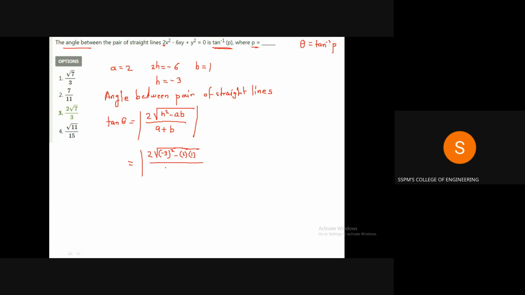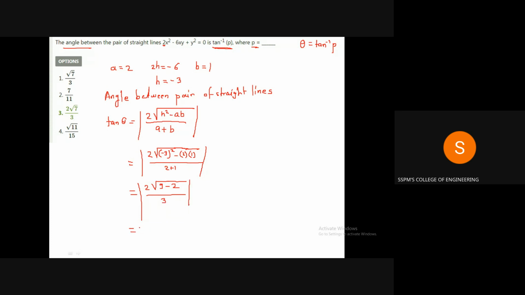What is a plus b? It is 2 plus 1. If we solve this, we will get 2 into root of minus 3 square, which is same as 3 square, that is 9. 9 minus 2 into 1, it is 2, divided by 2 plus 1 is 3.